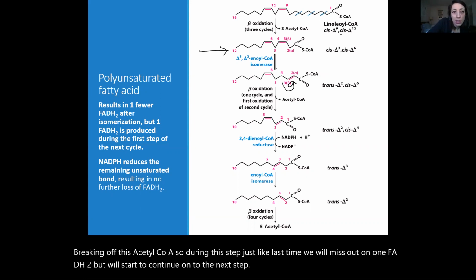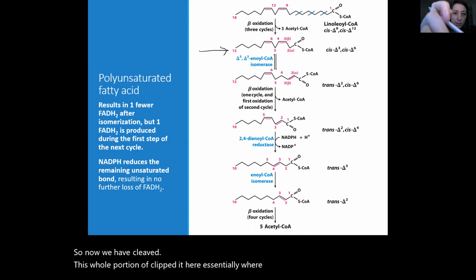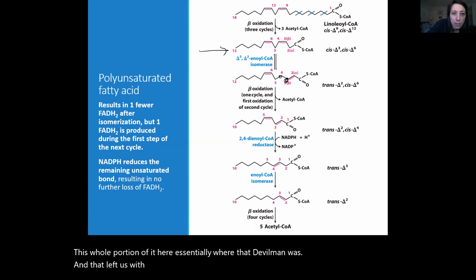So now we have cleaved this whole portion off, cleaved it essentially where that double bond was. And that left us with a carbon here, here, here, and here. This is our new setup, which you see below.